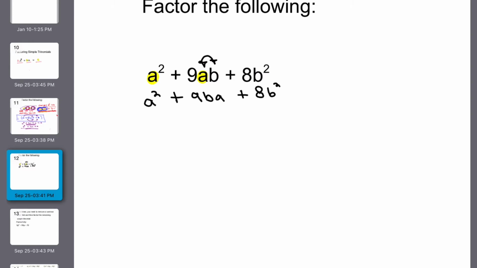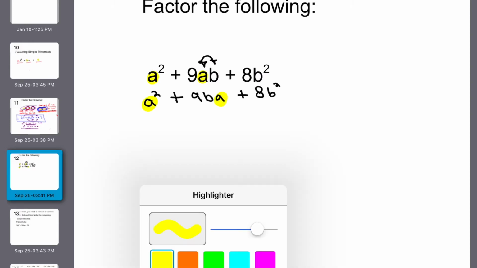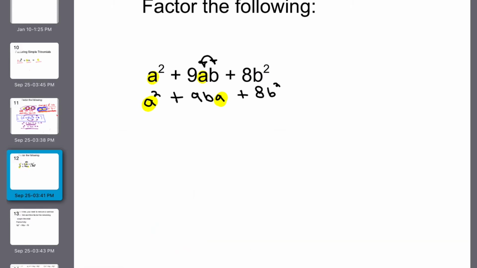This way, I can see that that's my variable, and everything else is acting as a number, a constant or a coefficient. So the 9b in the middle is going to act as our coefficient, and the 8b squared is again going to act as our constant at the end there.